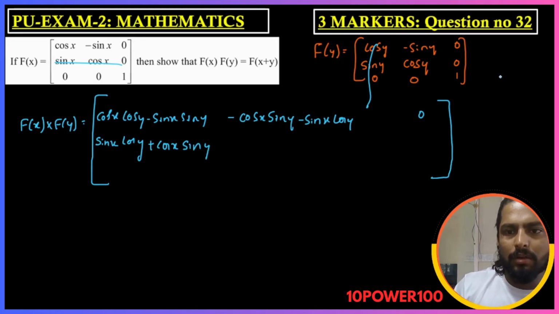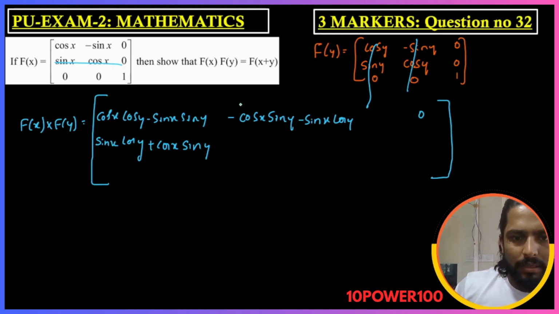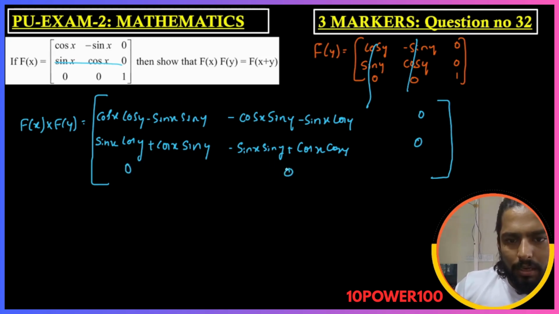Okay, now second row, second column. So what happens: sin x into minus sin y, minus sin x sin y. Next cos x cos y plus cos x cos y, and this is 0. Okay, last one. So this is the same, whatever is here comes. So 0 0 1 comes.